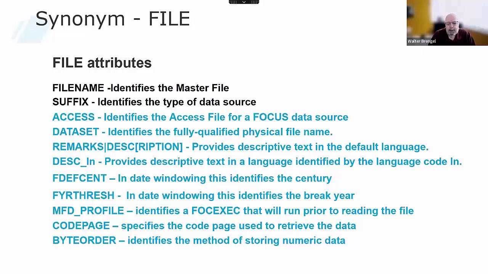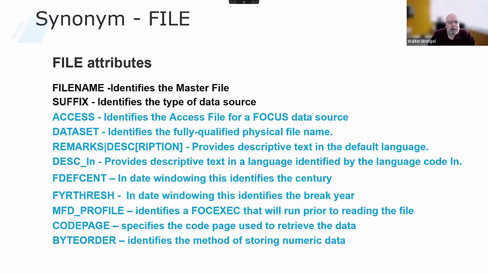Byte order is another one that's based on your operating system. So if you're running on, I never remember which one is Windows, Big Endian or Little Endian, that's ENDIAN. But there's some operating systems, I want to say Solaris is one, that uses a different endianness than other ones.